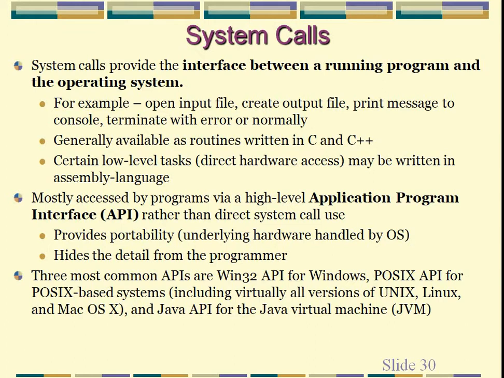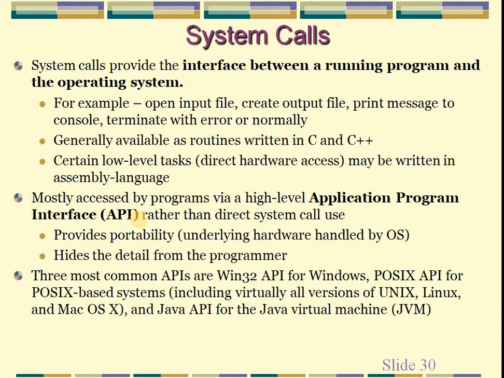Typically, system calls are written in a high-level language such as C or C++. The system calls are mostly accessed by programs via a high-level application program interface, called an API, rather than direct system call use.